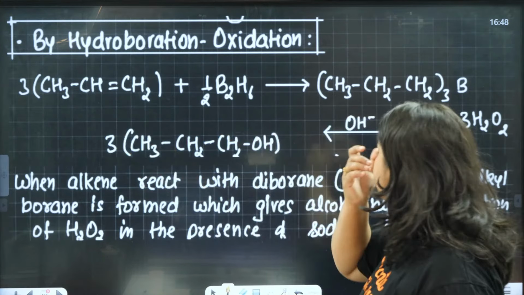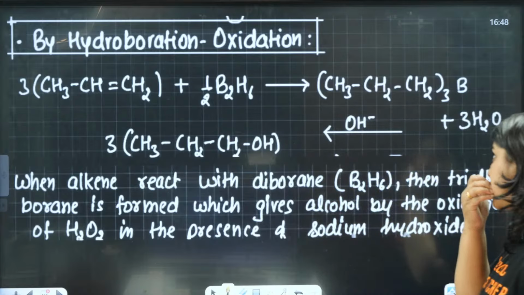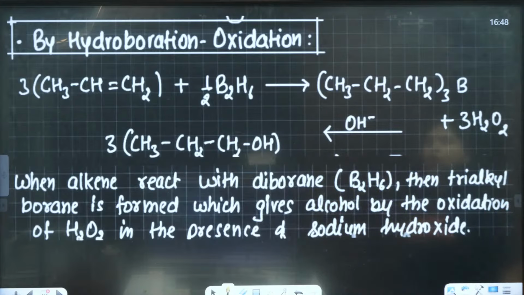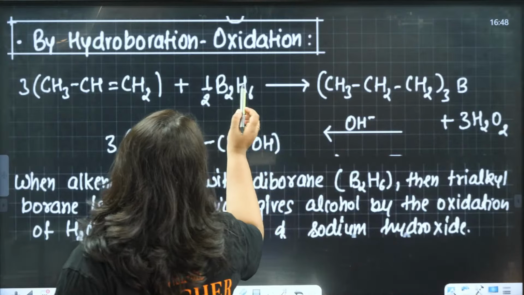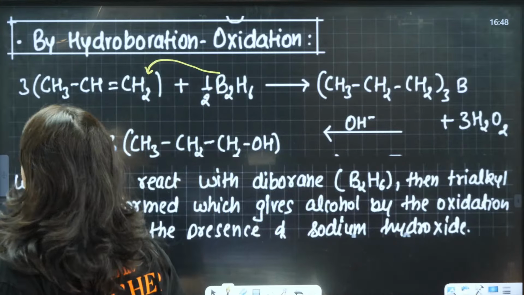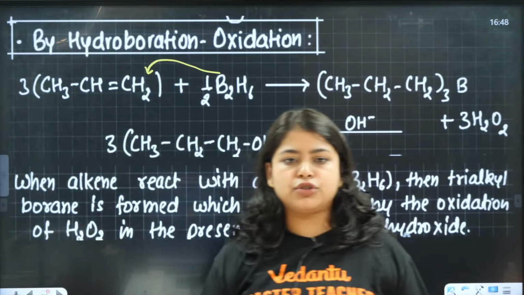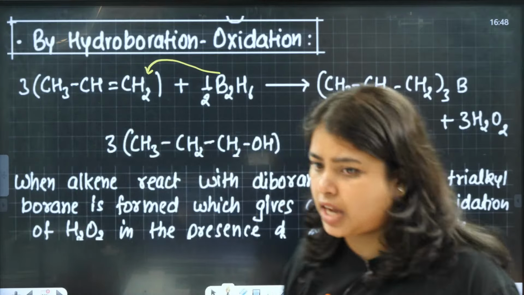With the help of B2H6, we are going to get CH3, CH3, CH2OHC. Here the boron which is there is going to attach to the carbon.